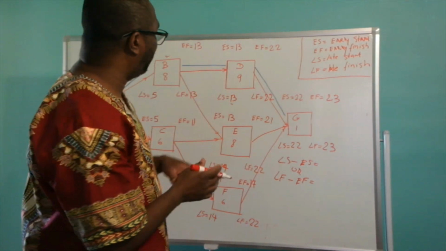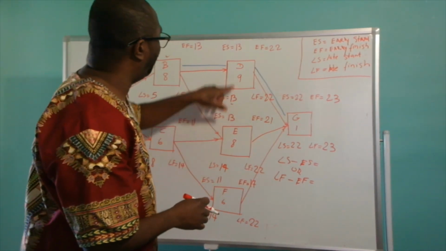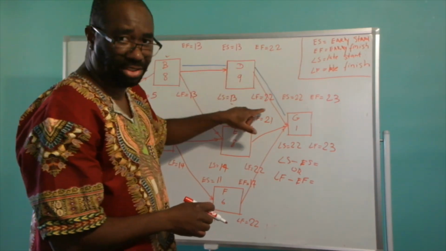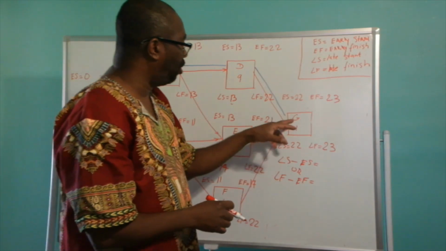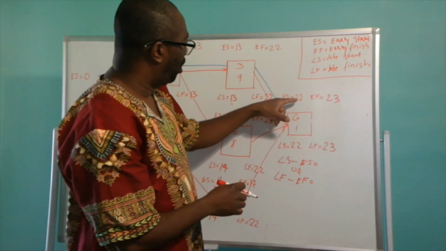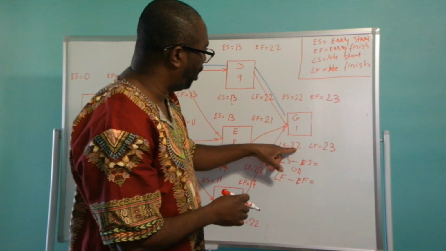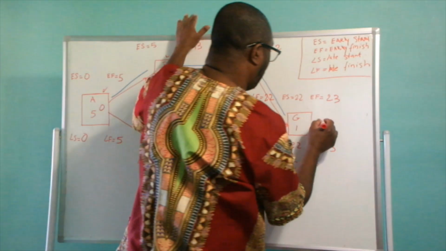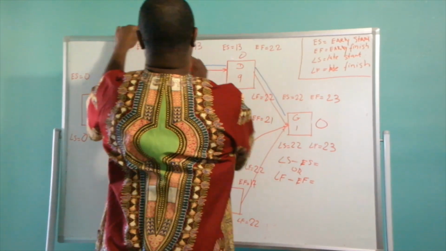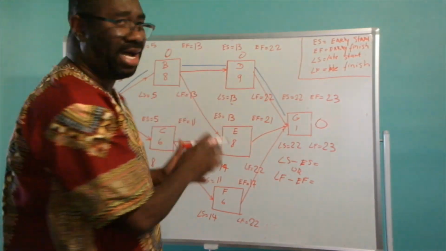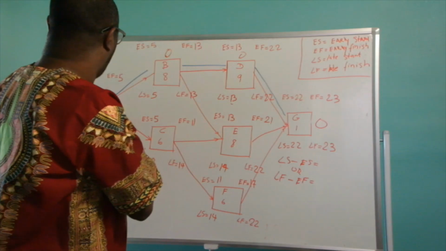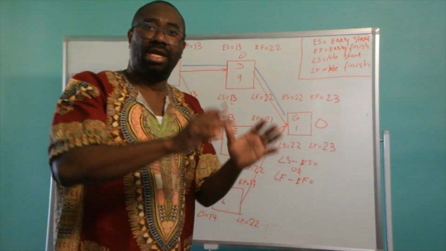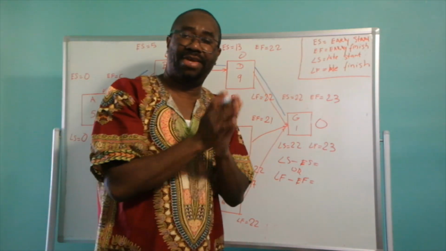You come to activity D, 13 from 13 is 0, 22 from 22 is 0. You come to activity G, 22 from 22 is 0, and 23 from 23 is 0. So all these here have 0 float. That means you can't linger with activity A, B, D, or G if you want your project to finish on time.